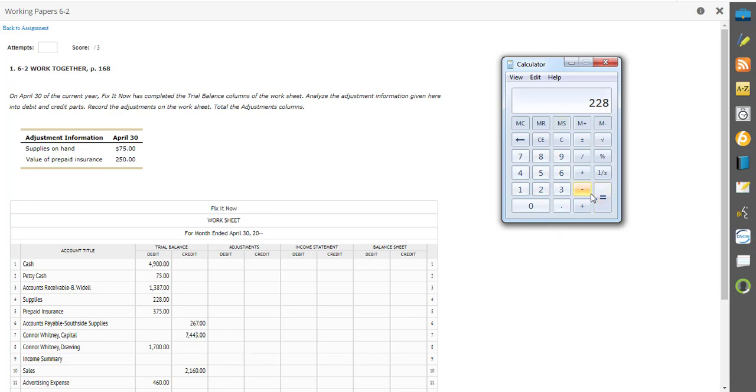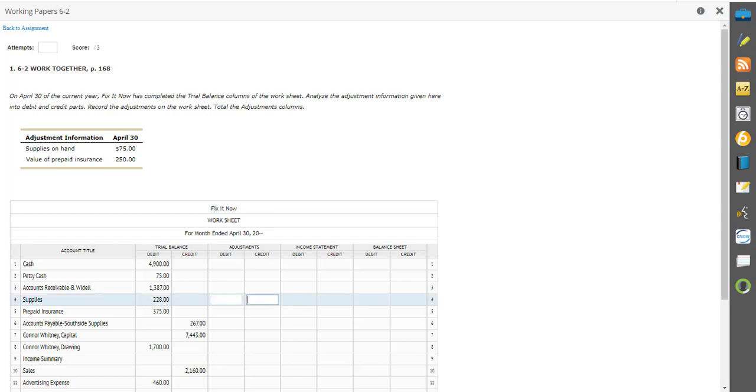So my adjustment column is what I've used up. So I have to take 228 minus 75, and we have used up $153 worth of supplies. So for my adjustment, I need to make supplies go down $153. So I'm going to credit supplies $153.